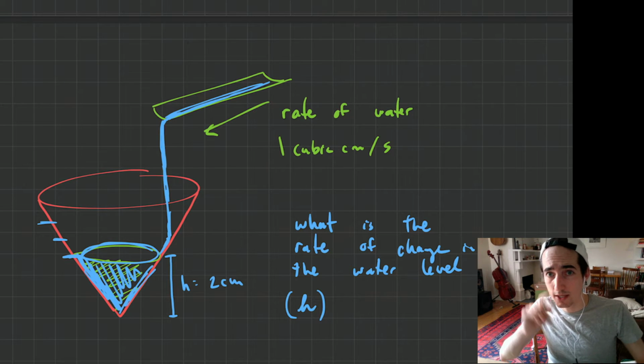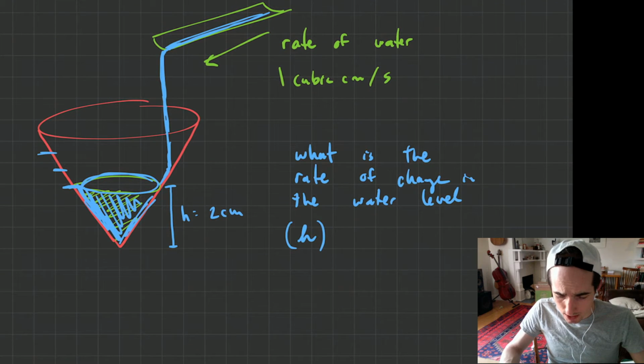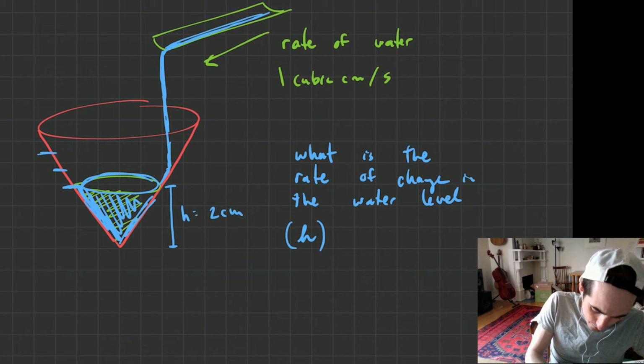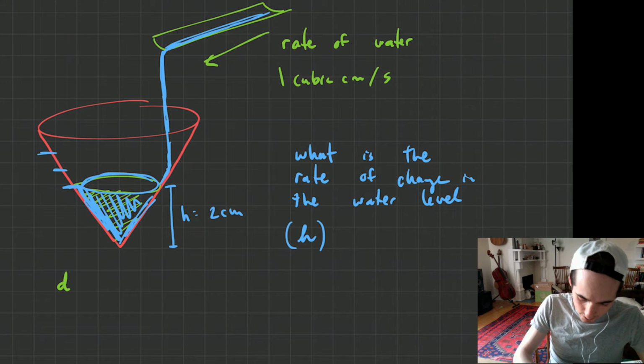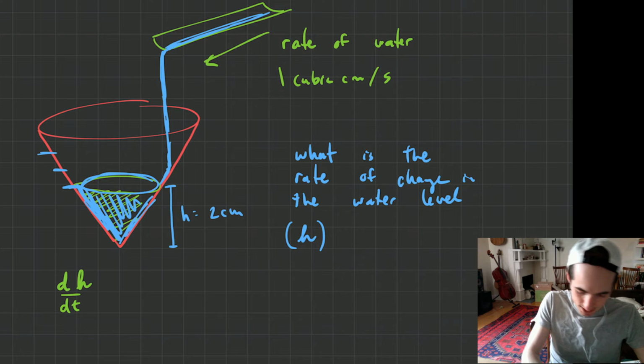So there's a few things that we need to be aware of. The first and most important thing is, what are we looking for? What are the variables that we want? Well, we want the rate of change in the water level, so that would be dH by dt. Okay, this is what we want.